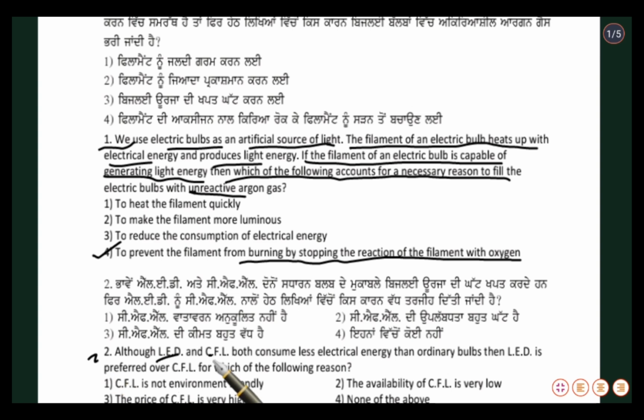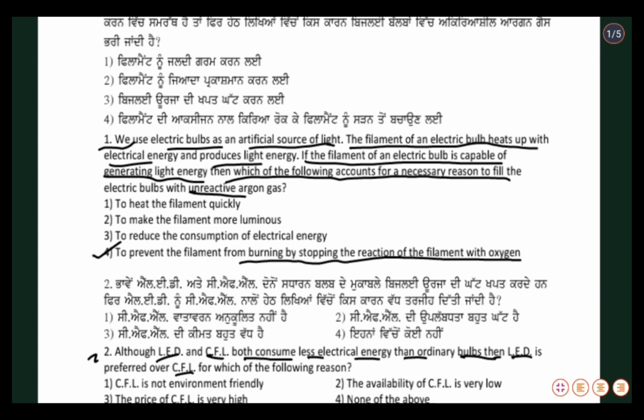Although LED and CFL, so light emitting diode and compact fluorescent lamp, both consume less electrical energy than ordinary bulbs, then LED is preferred over CFL for which of the following reasons? So LEDs are preferred over CFLs because CFLs contain mercury, okay, which can be harmful to the environment.